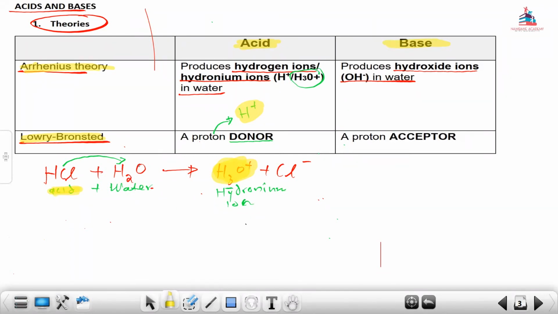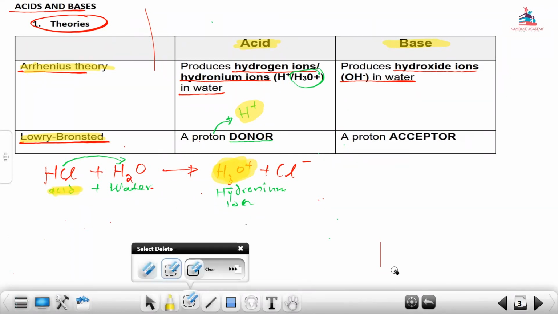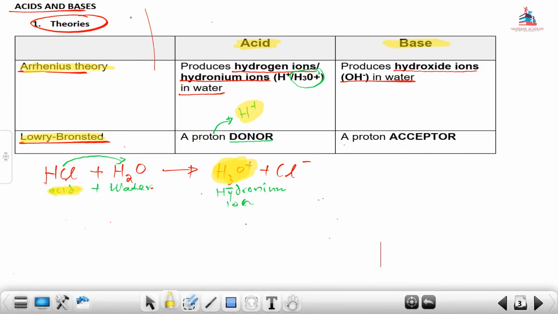If we fully understand that, we can differentiate an acid in terms of the Arrhenius theory as well as the Lowry-Bronsted theory. Arrhenius: an acid is a substance that produces H3O+ ions in water. Lowry-Bronsted: an acid is a substance that donates a proton.